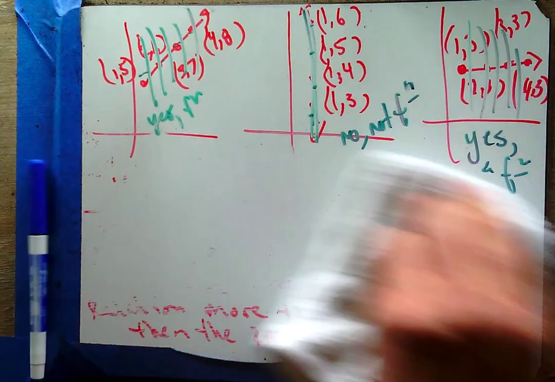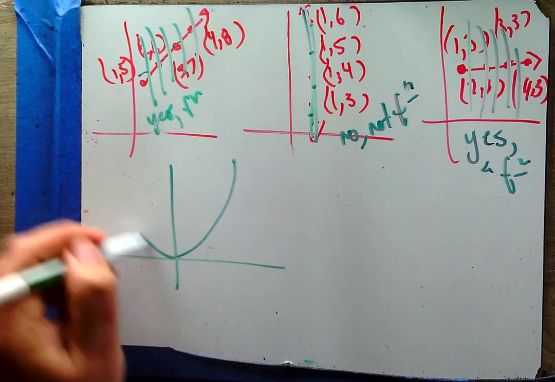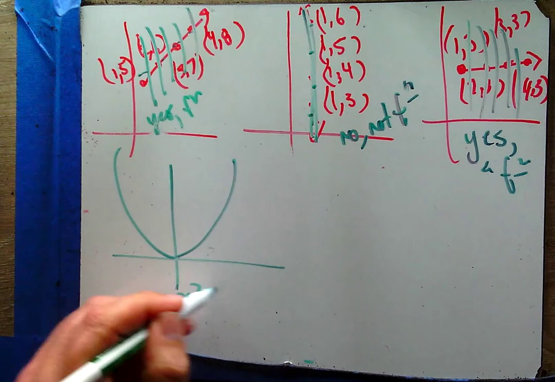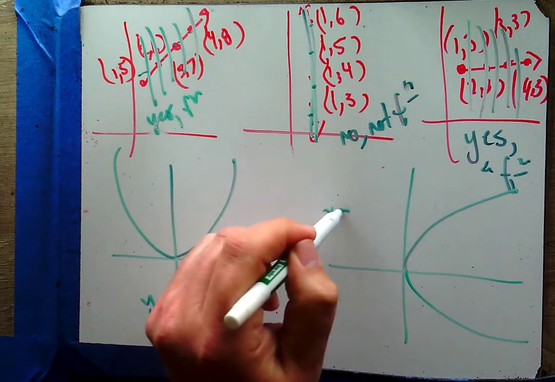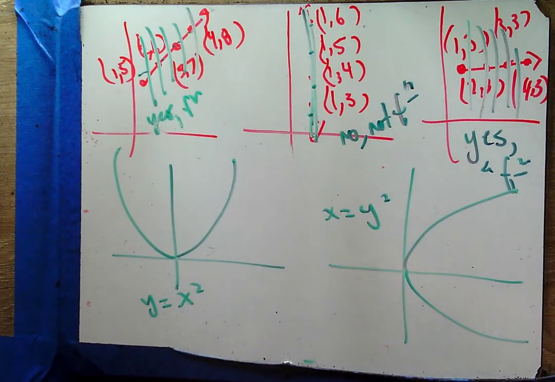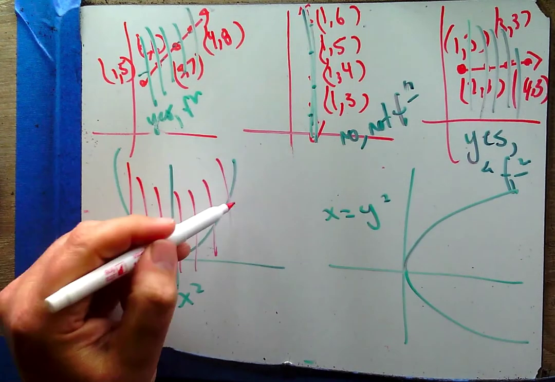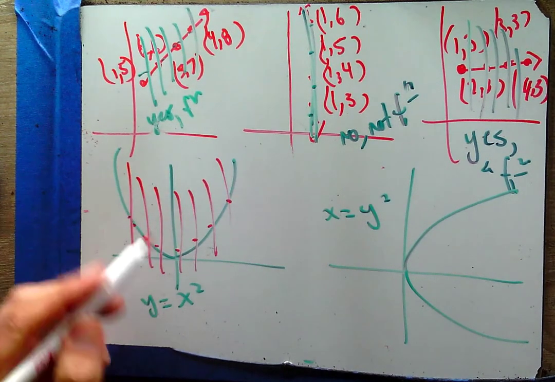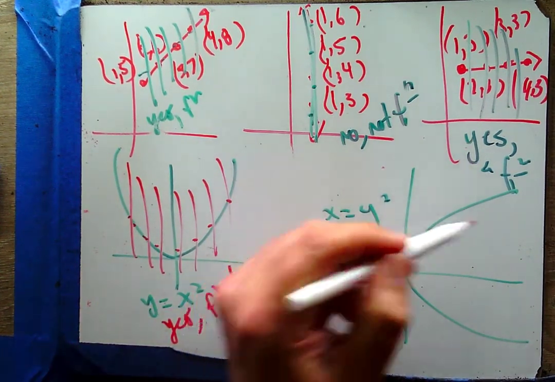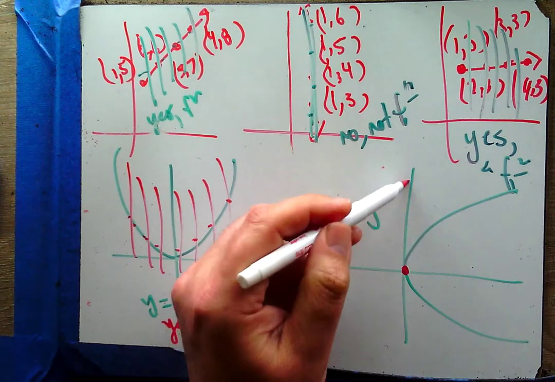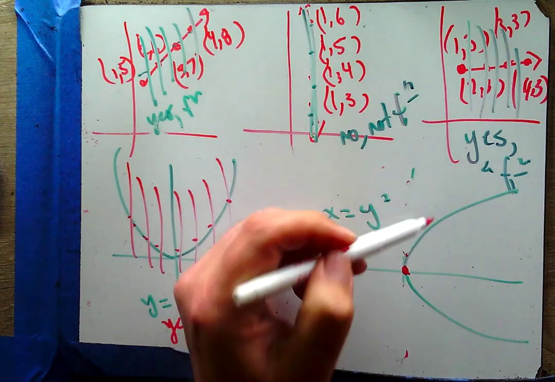All right, said a different way, if I had y equals x squared versus x equals y squared. So here, I can draw any vertical line, and I always cross just once. Yes, function. But here, I know there exists one place where I can draw a vertical line that touches twice, but that's not what our vertical line test says.